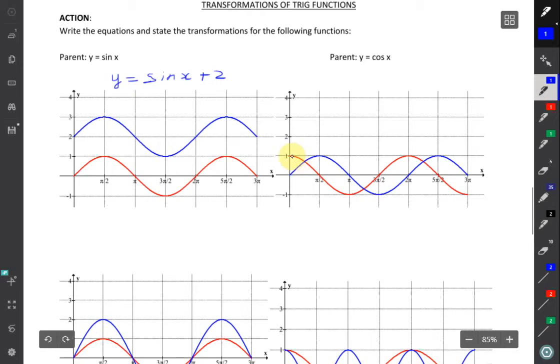This original curve starts here on the axis. So now what we want to do is write this in terms of this cos being phase shifted.